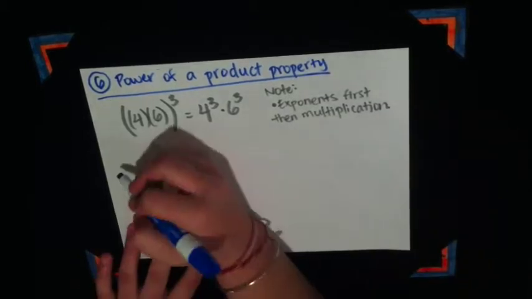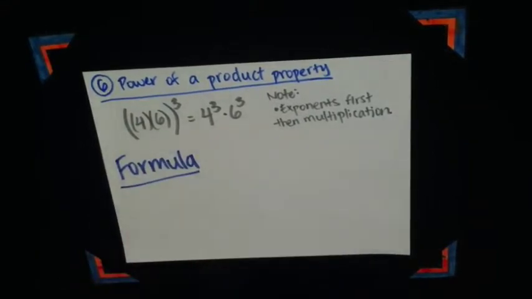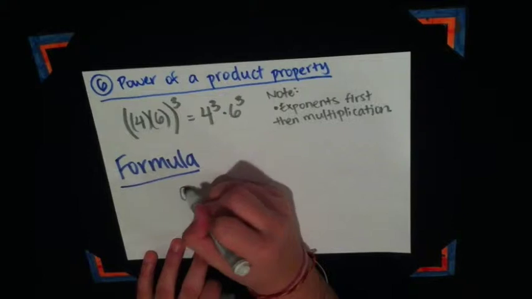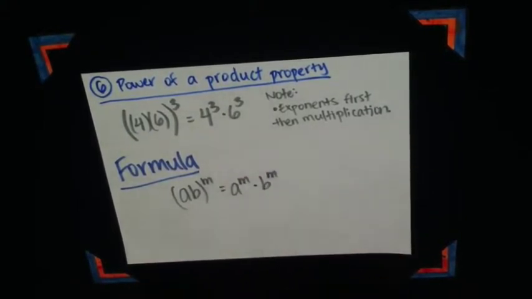Now let me show you the formula. (ab)^m = a^m times b^m.